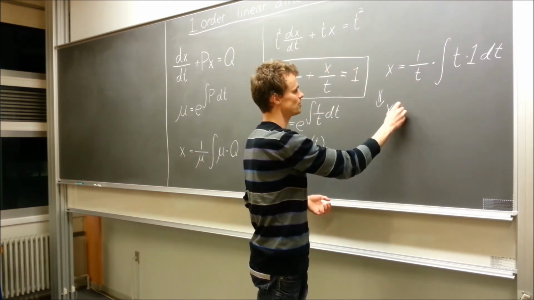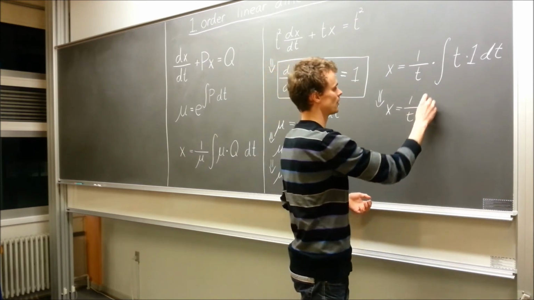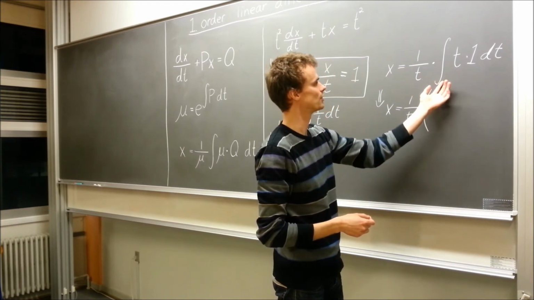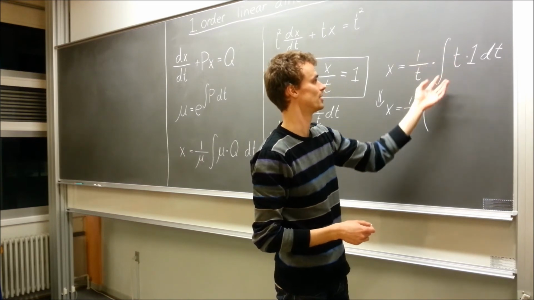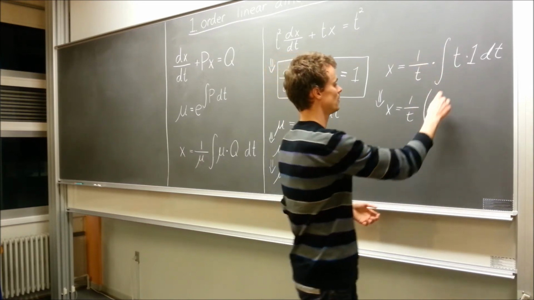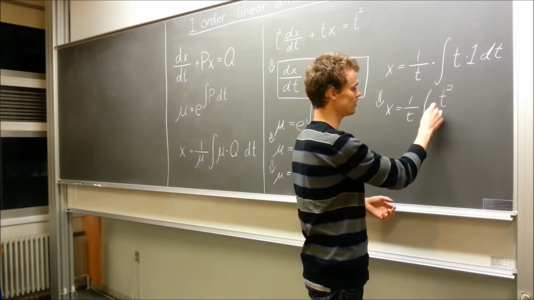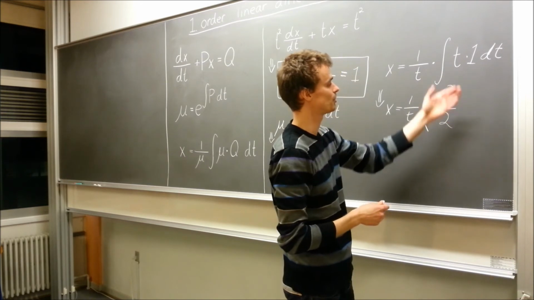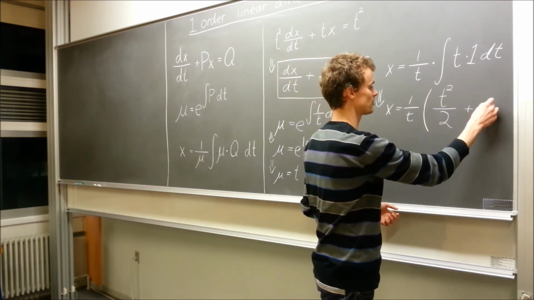So we have x equals 1 over t, and we have the integral of t times 1. That's of course the same as the integral of t, and we know the integral of t is t to the second power divided by 2. And now it's very important that we remember the constant. So we have plus c.